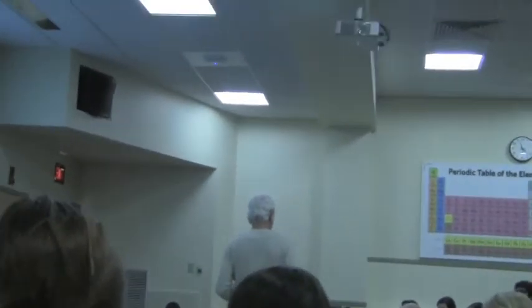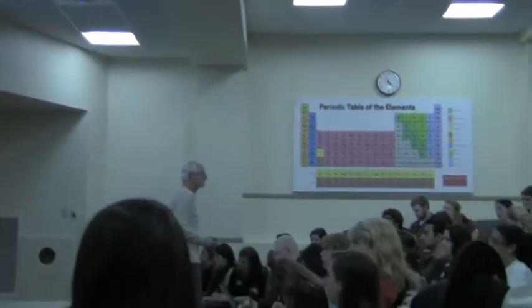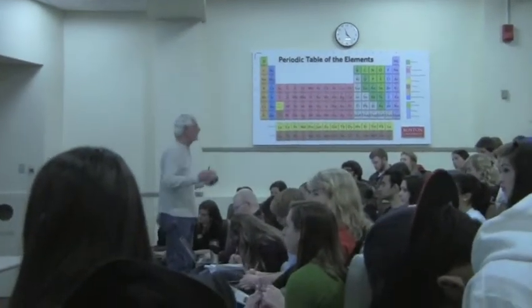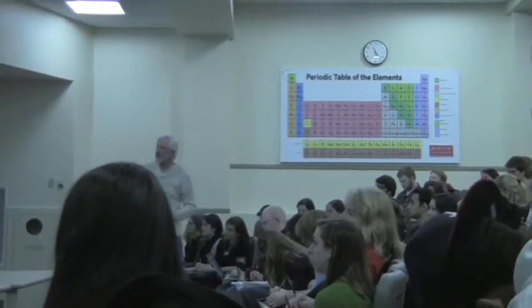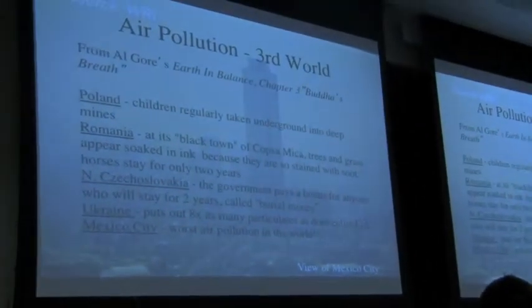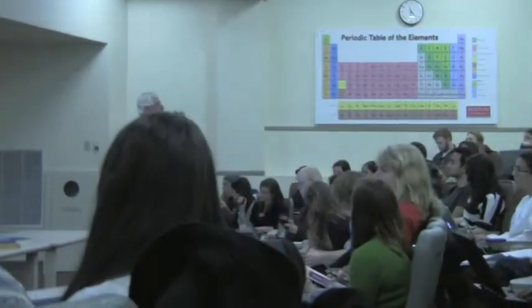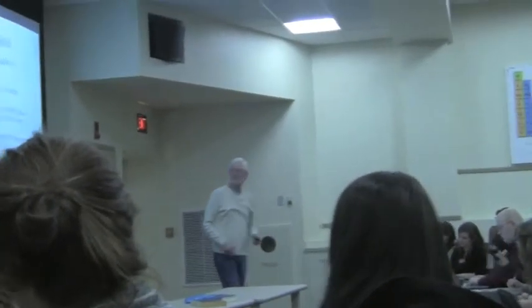The air today is choking with sulfur, chlorine, fluorine, many chemicals that were not in that air that Buddha and the others breathed. All right, so you look around: Poland, Romania, Czechoslovakia, Ukraine. When the Berlin Wall came down, before you were born, it exposed the industrial combustion of Eastern Europe.